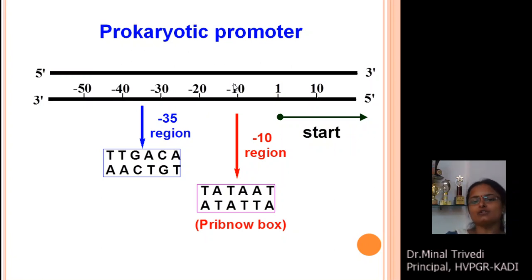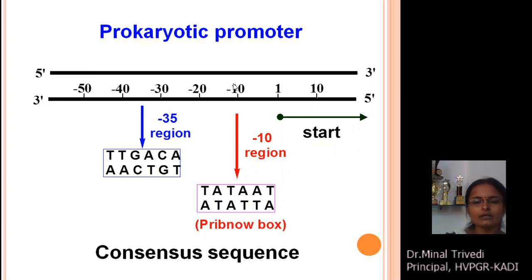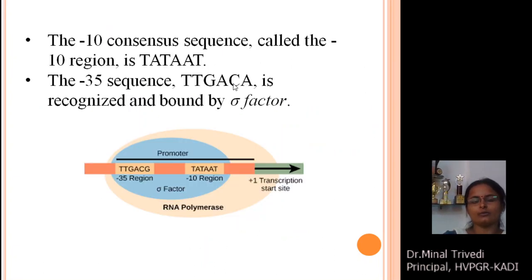If any mutation occurs in the consensus sequence, RNA polymerase cannot recognize this promoter, cannot bind to the promoter, and no transcription gets initiated. So these are the two important consensus sequences present in the prokaryotic promoter.